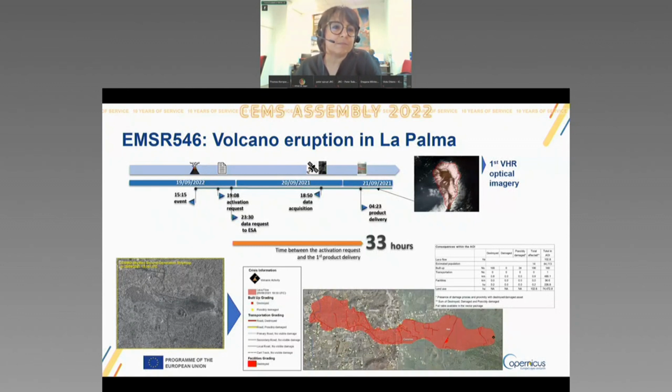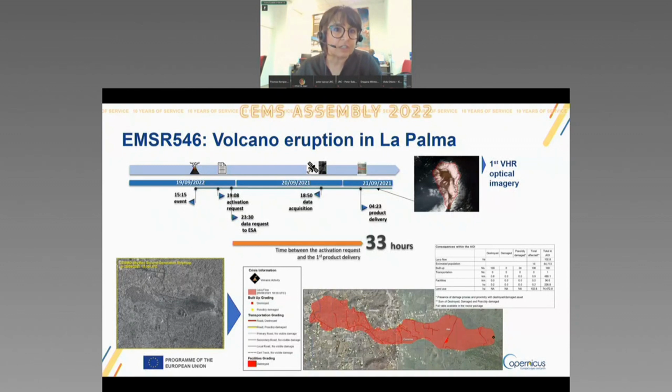We started immediately to understand the best product to deliver to the user needs, the definition of the area of interest, and the request of the first satellite pass through ESA.